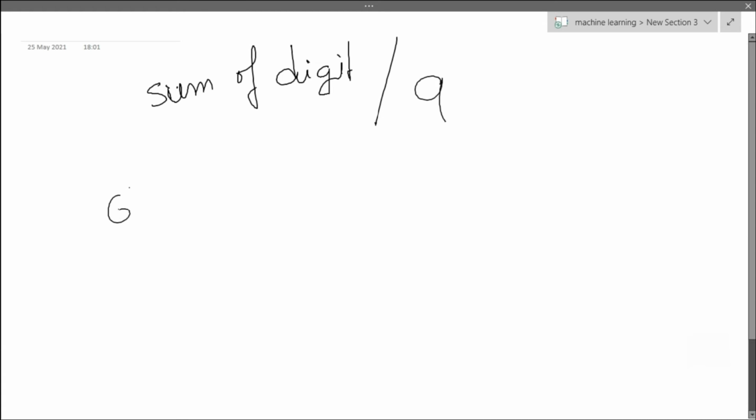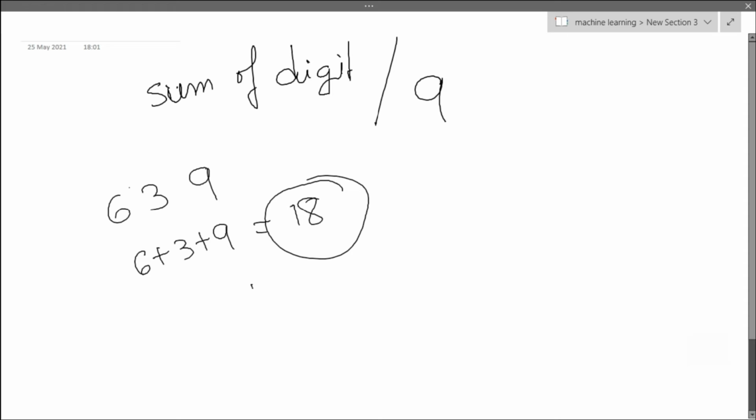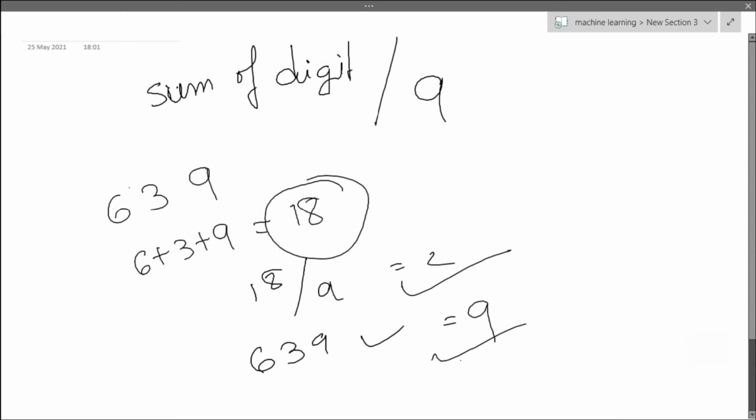Take an example: 639. The sum of digits is 6 plus 3 plus 9, which is equal to 18. Here 18 is divisible by 9. So 639 is also divisible by 9.